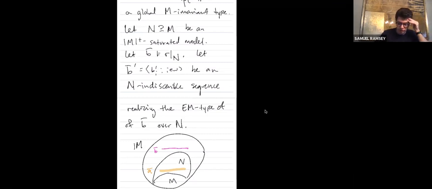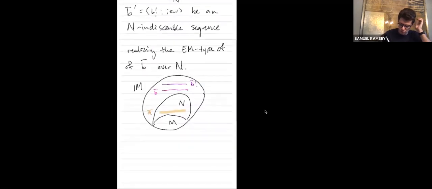So then what we do is we extract a third sequence, B bar prime, which is now indiscernible over N. The problem is that we don't know that the type of B bar prime is invariant. So let's just check that it is, and then we'll be done. So claim: the type of B bar prime over N is M-invariant.